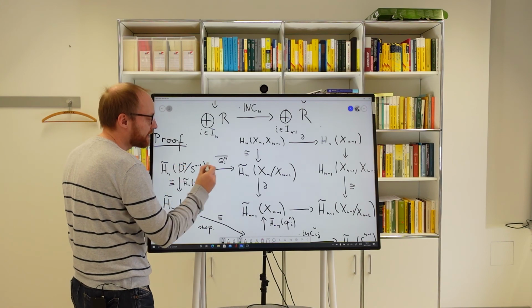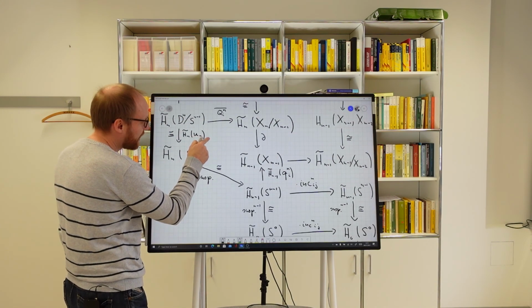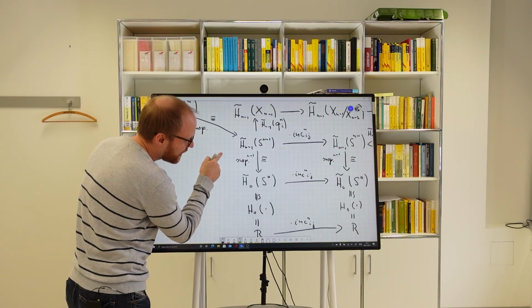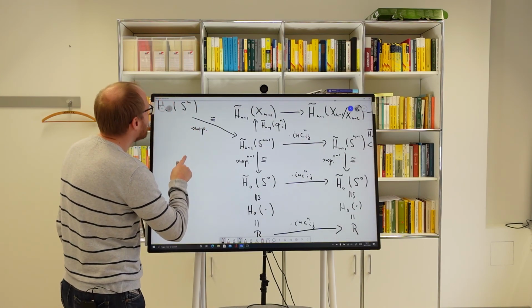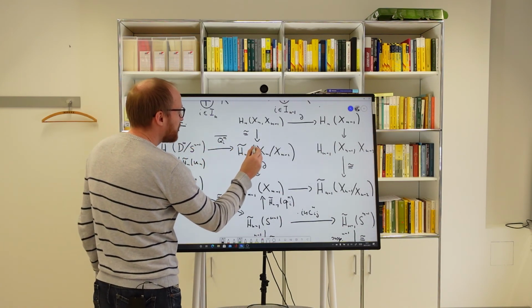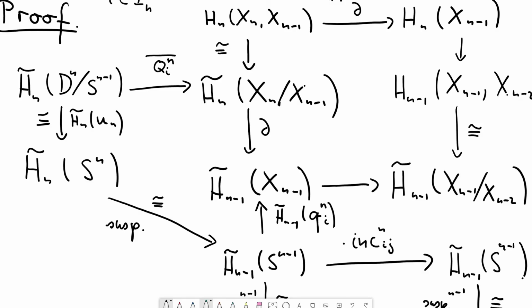This is just the R summand. So following this suspension isomorphism down to R, this map up here is just the inclusion of this R summand corresponding to the i-th cell.